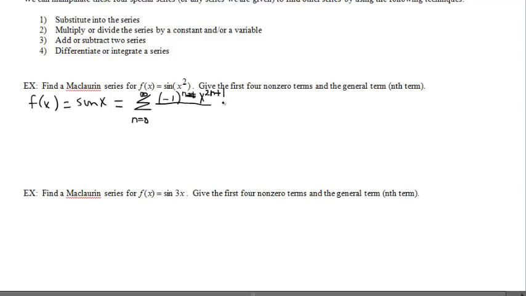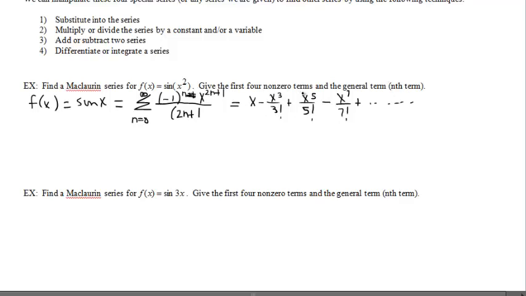I get that confused sometimes with the 2n plus 1. Okay, so the directions say give the first 4 non-zero terms and the general term.